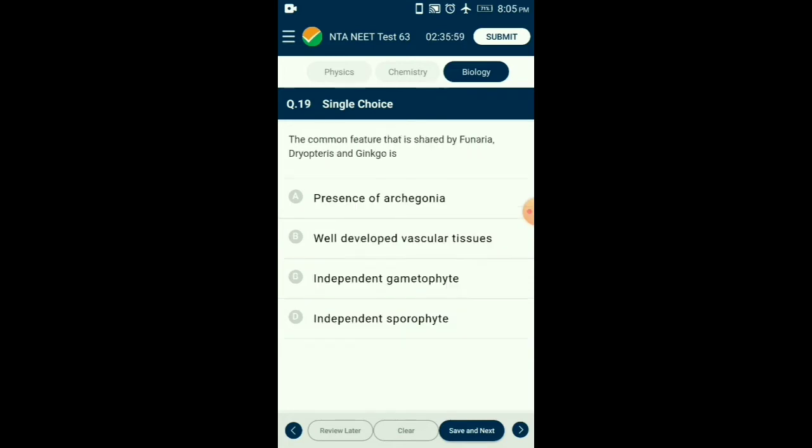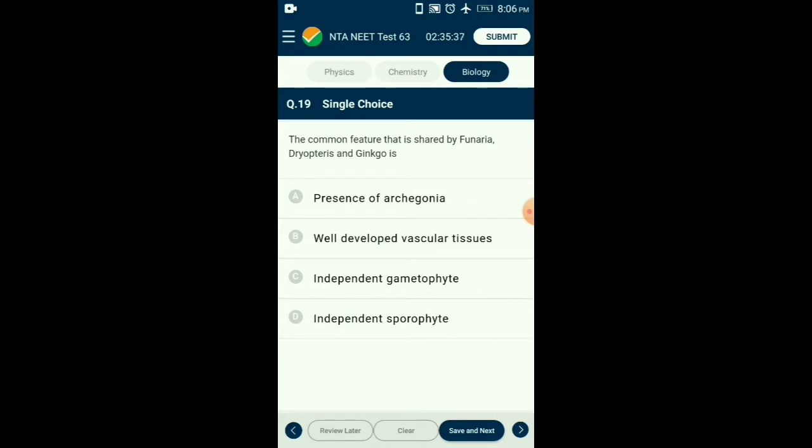Question number 19. The common feature that is shared by Funaria, Dryopteris and Ginkgo is: Funaria is a bryophyte in which female sex organ is archegonia, vascular tissue is absent and main plant body is independent gametophyte.